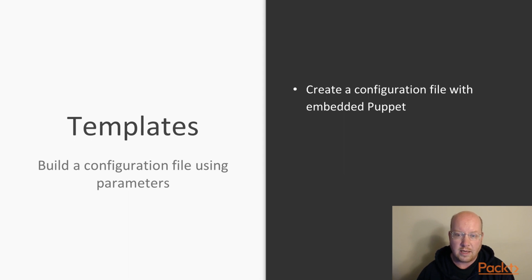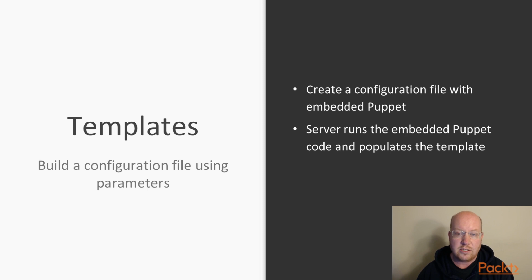We use its format and its terminology for everything, and then we embed small pieces of Puppet into that file that allow the server to run that Puppet and populate the file based on some value in our parameters. That file is then sent down to the client, and the client can see if the file has changed compared to what's already on the disk. It can update the file if necessary and refresh any dependent resources.